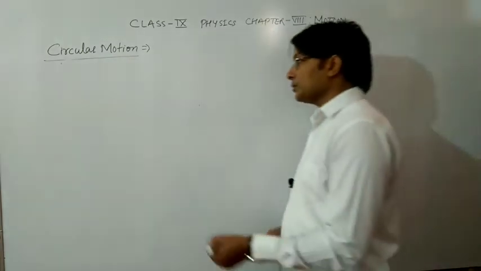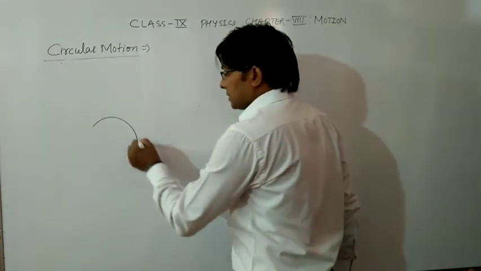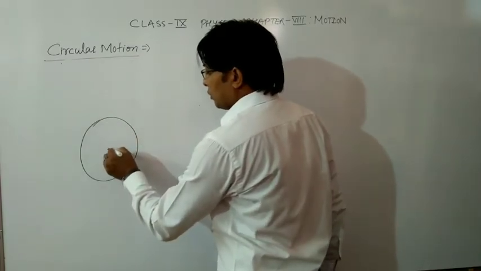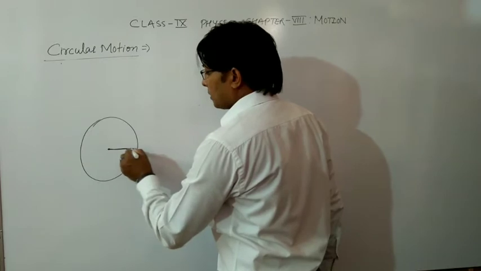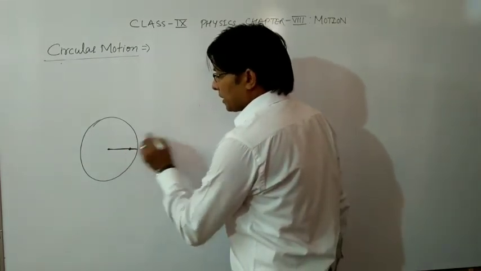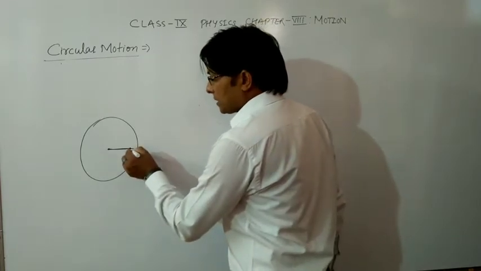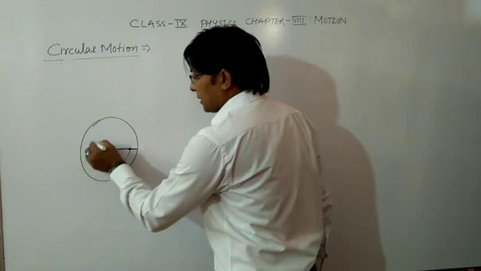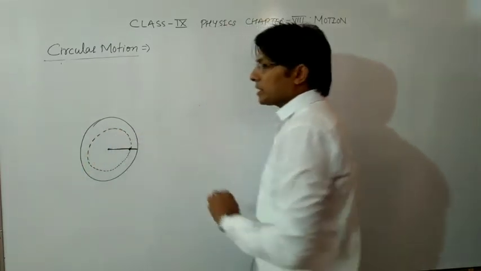If I assume that this is the clock and this is one of the hands of the clock, and I assume one particle situated here, then as this hand moves, this particle is doing circular motion.